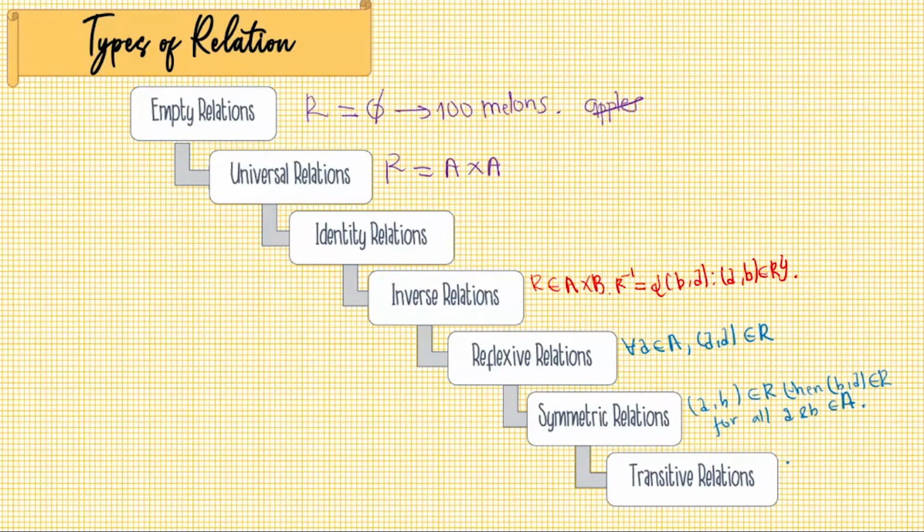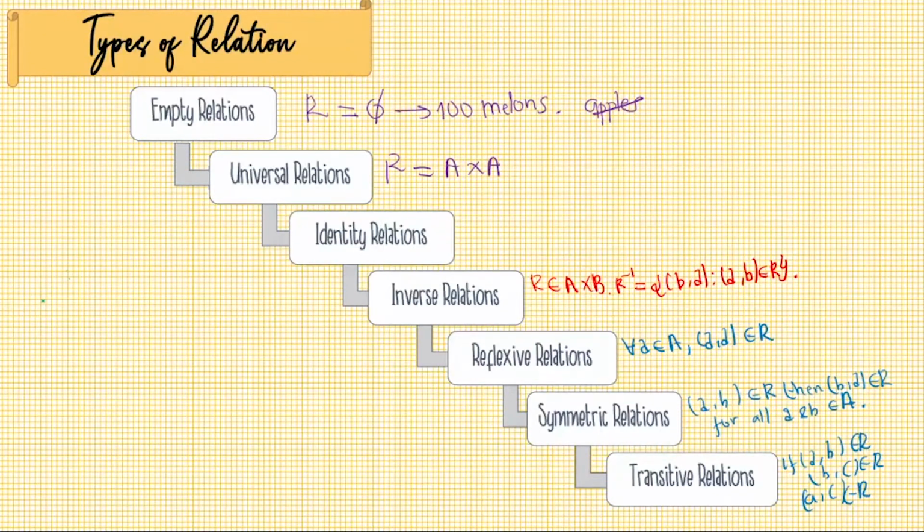After that, there is transitive relations. If (a, b) is an element of relation R, and (b, c) is an element of relation R, then (a, c) is an element of relation R, for all a, b, c elements of A. And this relation in set A is transitive.